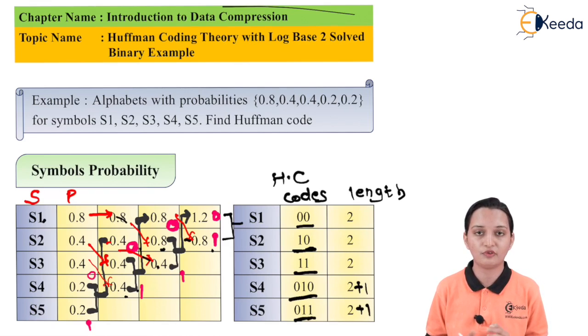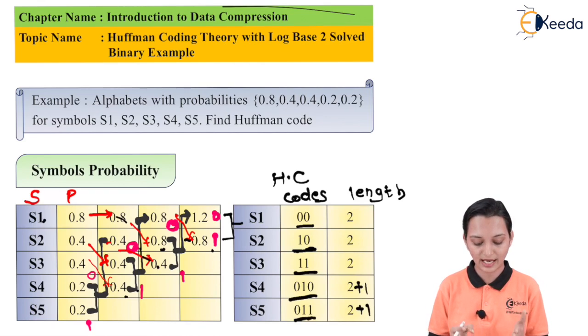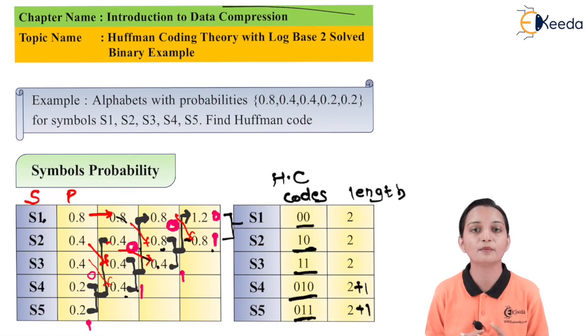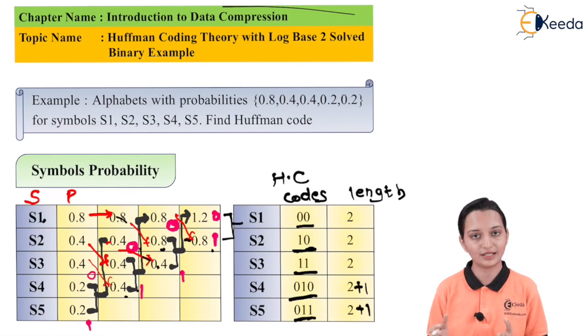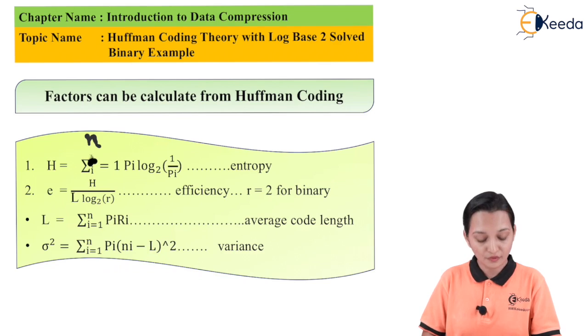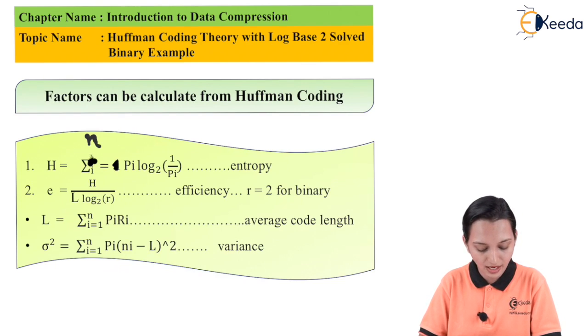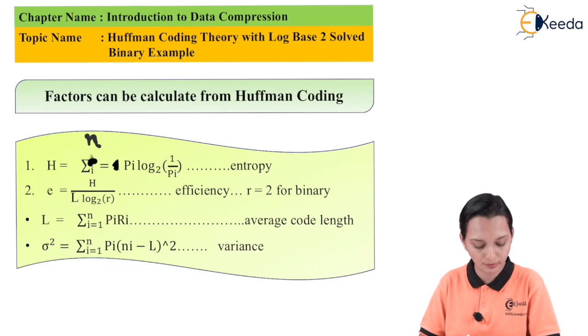Because there are a few factors. With the help of this output, we need to calculate some factors on Huffman coding. So what are those? We will see now. The factors that can be calculated from the Huffman coding are as follows. First one is H, known as entropy. The formula for H is the summation for i from 1 to n of Pi log base 2 of 1 by Pi, or the inverse of probability.